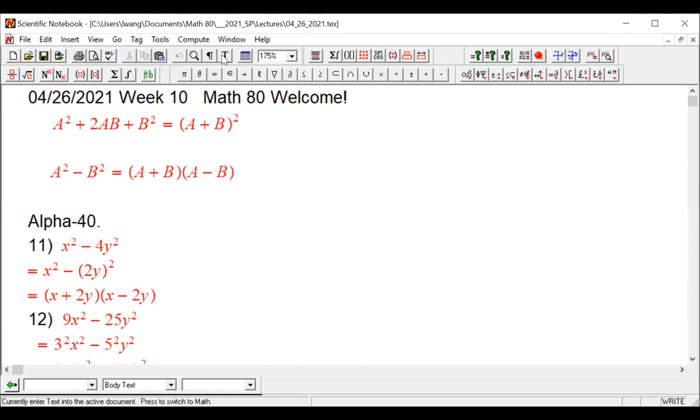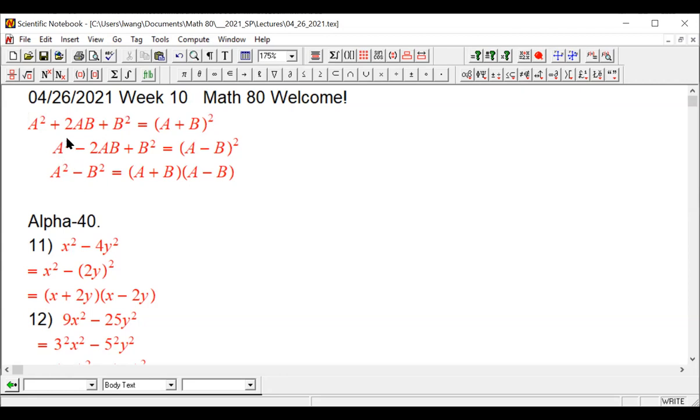Or you may have a squared minus 2ab plus b squared. Sometimes they show up in disguise. Okay, so that's going to be a minus b squared, right? So these three actually are called special formulas.